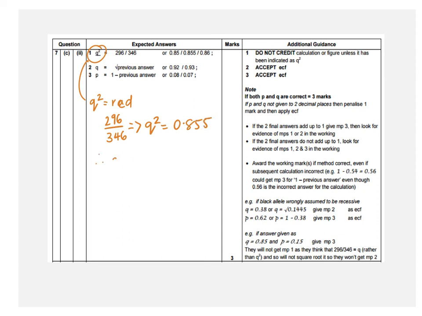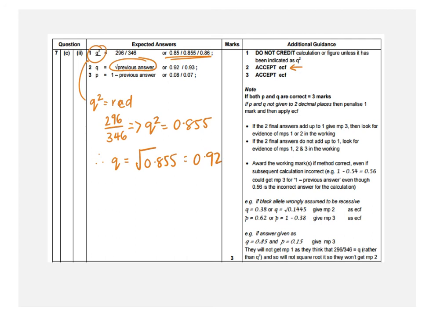And therefore, Q, the square root of that answer, which should be about 0.92. Notice in the mark scheme that you can have an error carried forward for this question. So if you got the first part wrong, but you square rooted your previous answer, I'll highlight that at the top, then that's fine. You can give yourself that error carried forward mark.